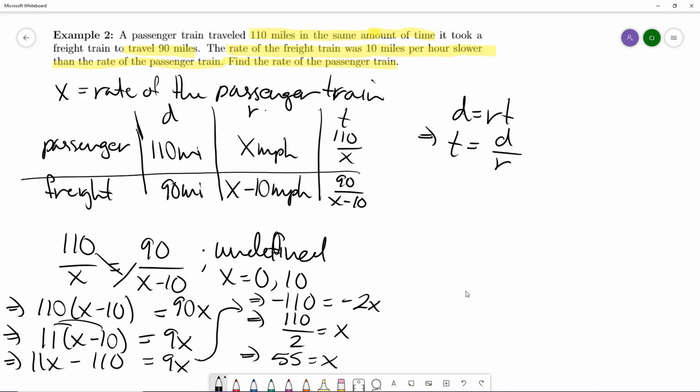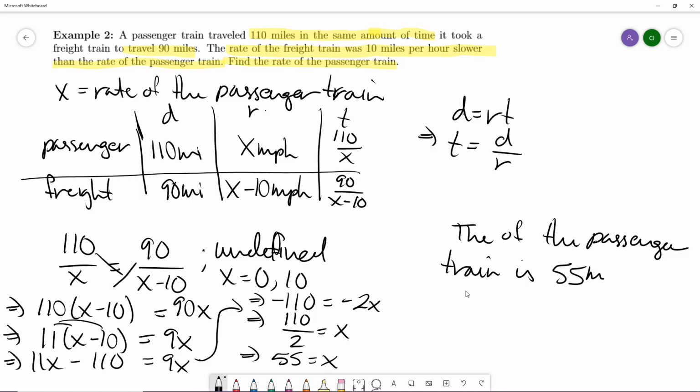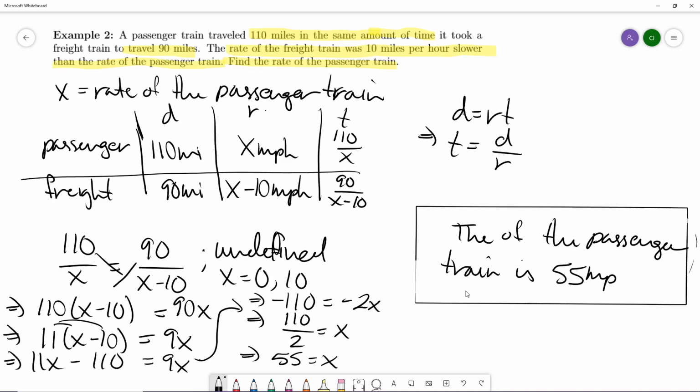So what does this tell us? The rate of the passenger train is 55, and keep in mind it is miles per hour. And this is our answer.